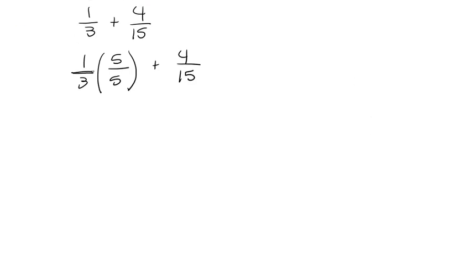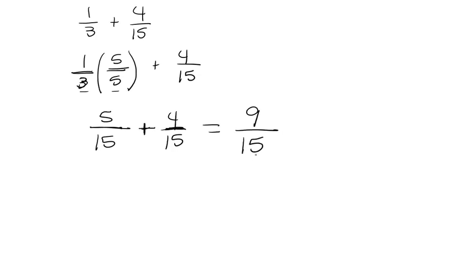So the next step would be to multiply out. So we would go 1 times 5, which is 5, and then 3 times 5 is 15. Then we will add 4/15. And this will get us to our final solution. So we add 5 plus the 4 is equal to 9/15.